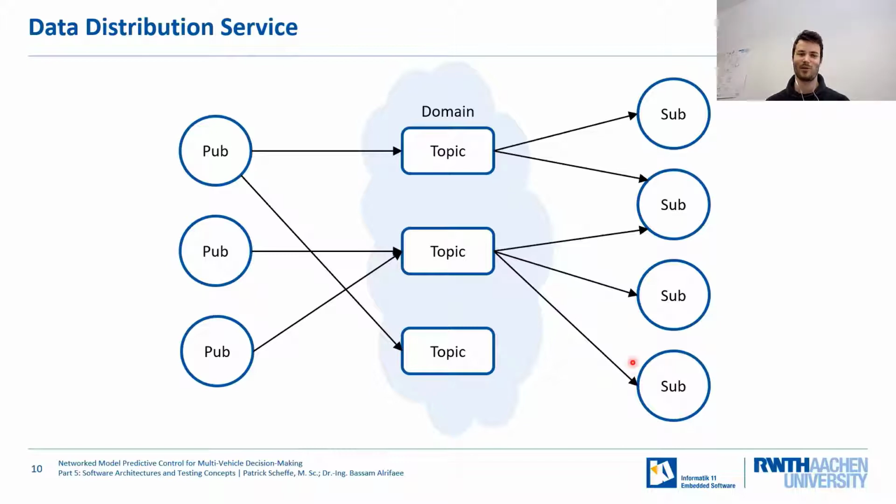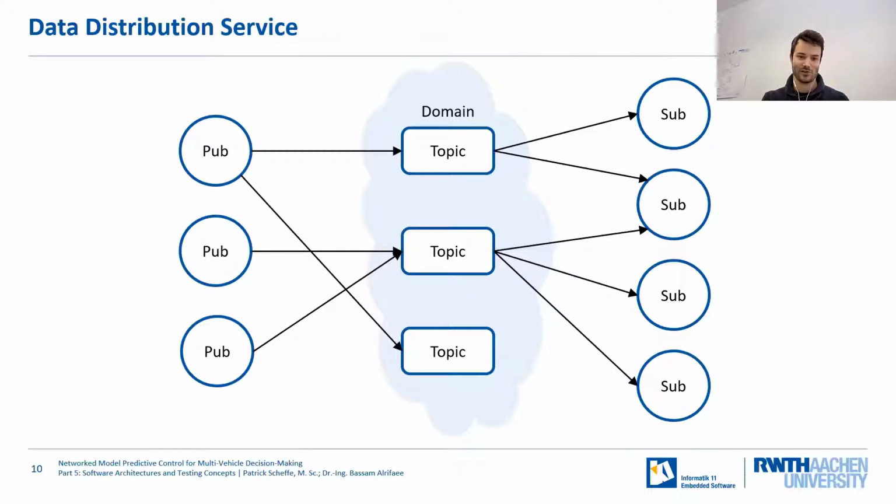It has a publisher-subscriber concept. So I have created a simplified illustration here. You can imagine that there are publishers who write data and subscribers who read data. You see the participants in the network here; you can also imagine them as services of the complete system, and they communicate with each other.